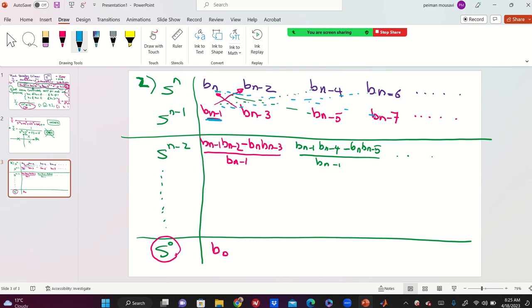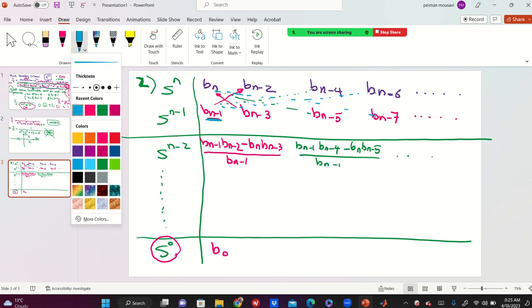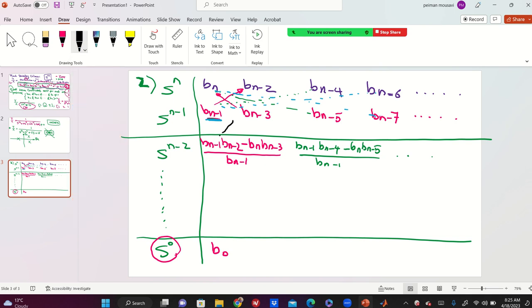Now the next line, exactly what you have done previously. The first element multiplied by this, minus the first element multiplied by this, divided by this.